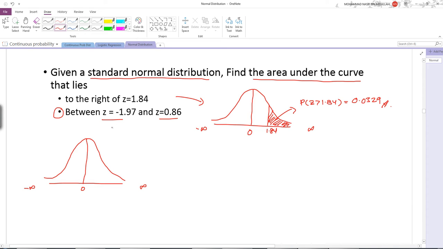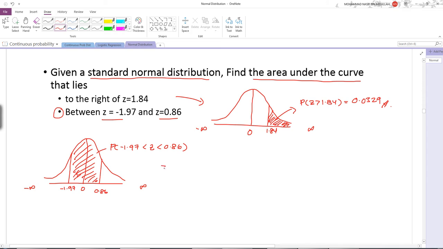Negative 1.97 should be on the left hand side, and 0.86 should be on the right hand side. So this is the area they want us to find, the probability of negative 1.97 < z < 0.86.